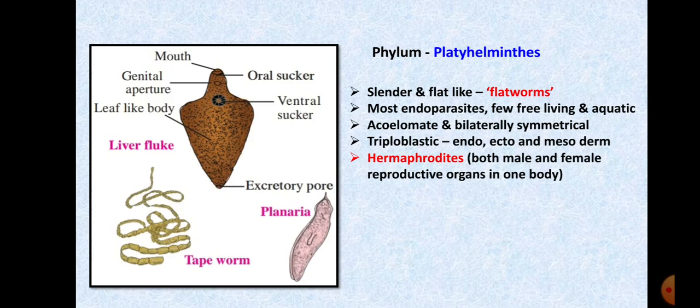Such organisms who have both reproductive systems in one single body are known as hermaphrodites. Clear? The examples are liver fluke given on your screen, planaria, tapeworm. So this is your phylum Platyhelminthes.